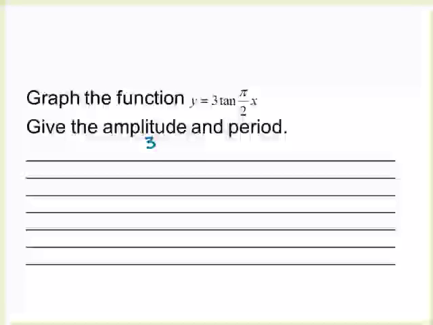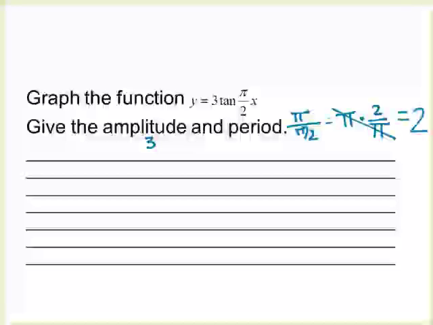Period for tangent is pi, not 2 pi, just pi, divided by b. What is b in this question? 1/2 of pi. How do I divide by a fraction? Multiply by the reciprocal. So I get just 2.